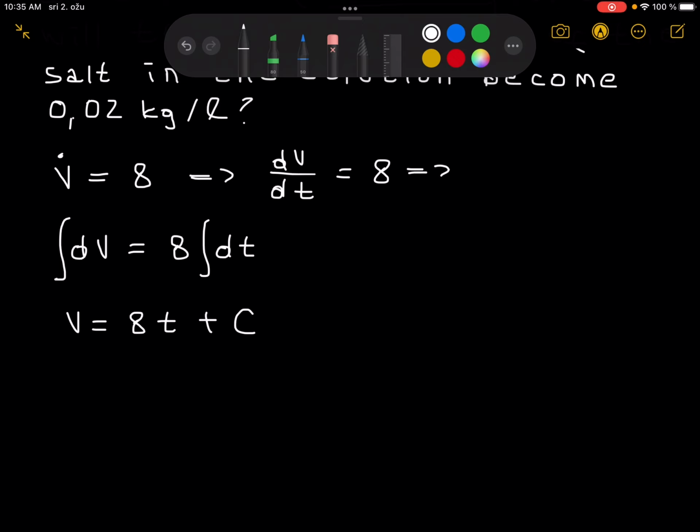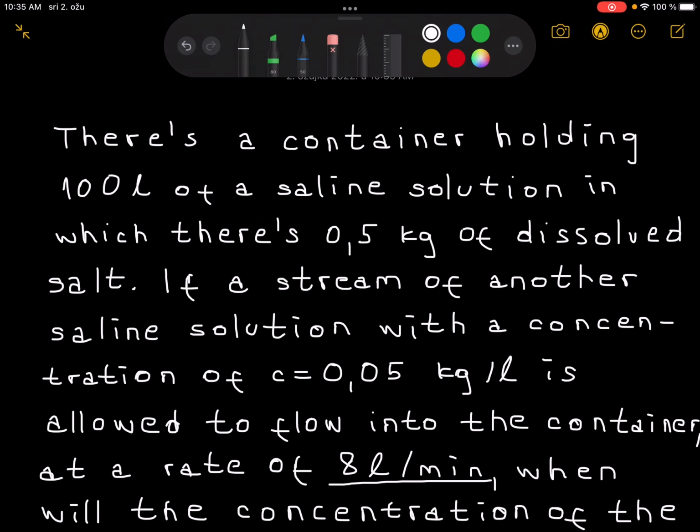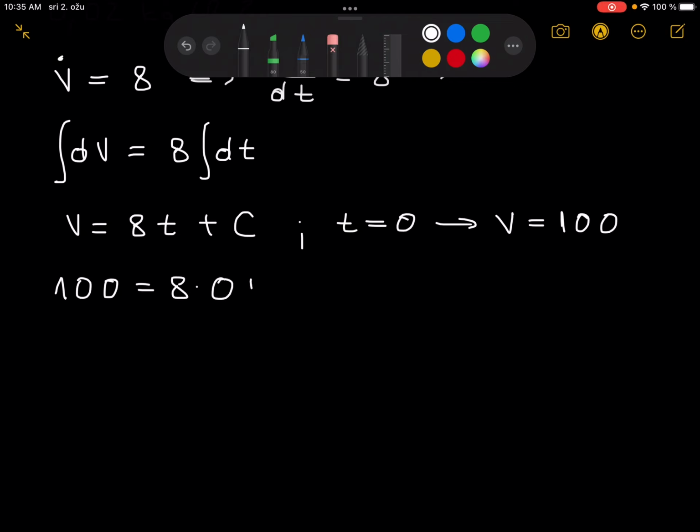Let's go ahead and find that constant from the initial condition. It says that the container is initially holding 100 liters of a solution, so that means that when t is equal to 0, the volume is equal to 100. Plugging that into our equation, we get that 100 is equal to 8 times 0 plus c, and of course this is 0, so c must be equal to 100.